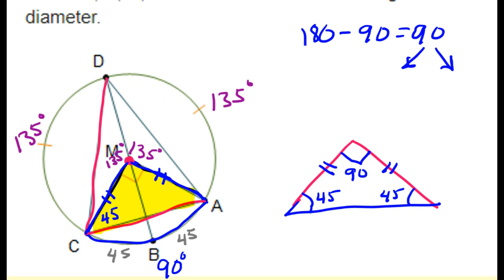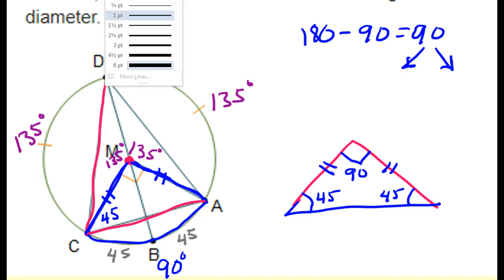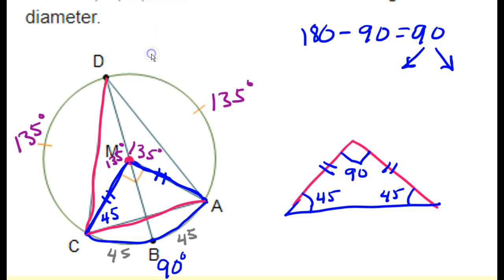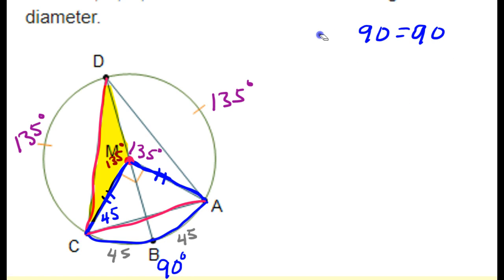Now, let's see if I can just make this yellow part go away. Now focus your eyes on this triangle right here. That is an isosceles triangle as well. In fact, I'm just going to redraw it to make it more obvious.